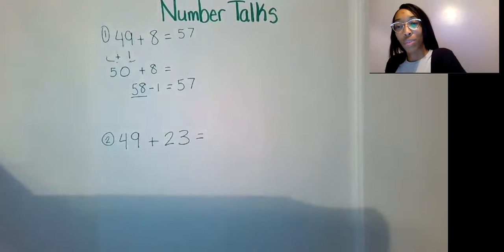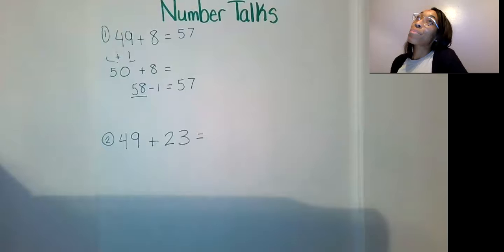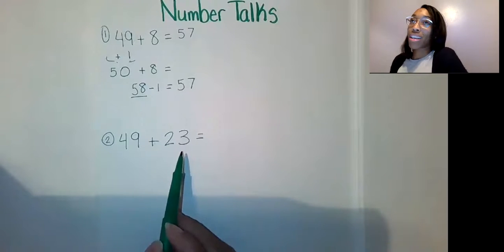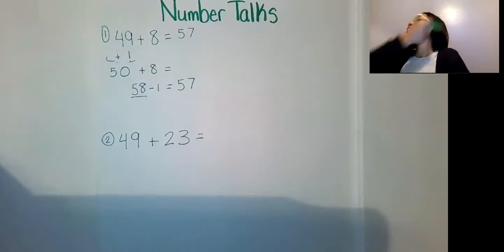What are you thinking of doing to solve this? All right, I'm hearing some really good things. I'm sure you said something like, oh, 49 is close to a friendly number, but I also have a 2-digit number in 23. I might use place value to break that apart.